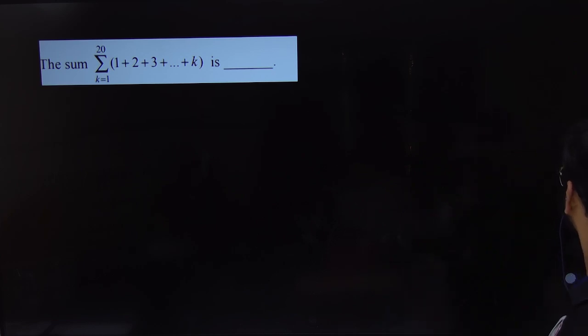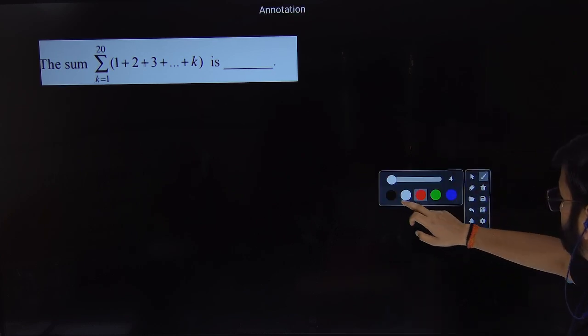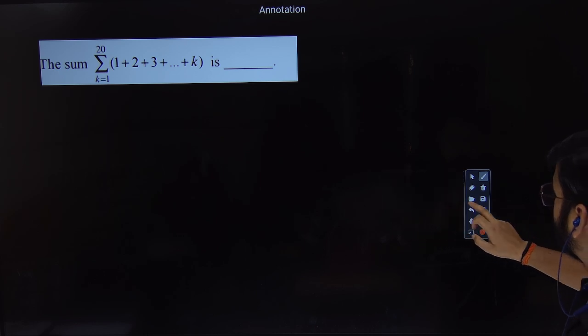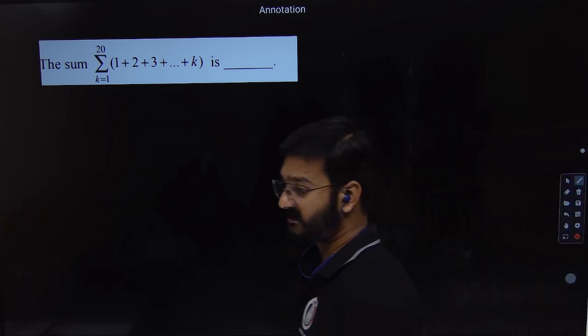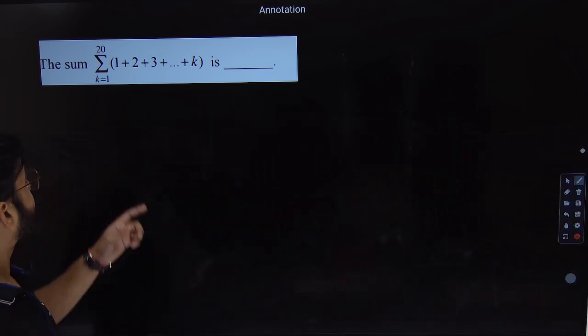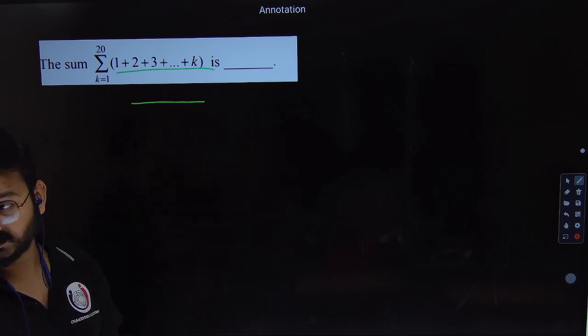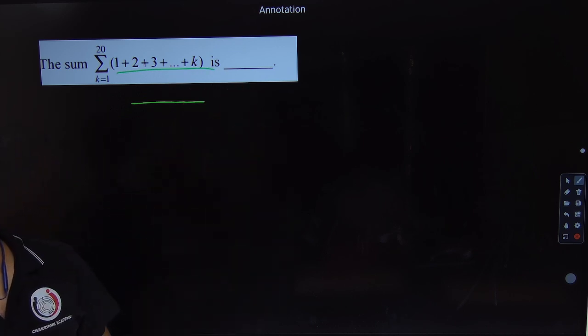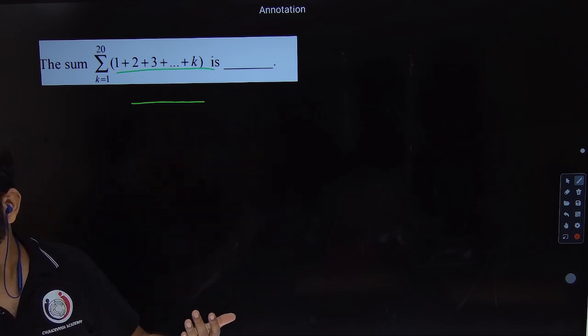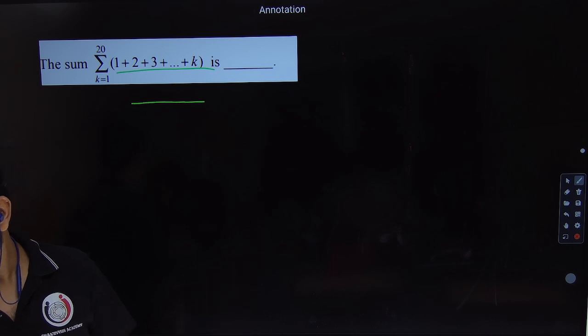Next question. So what is the first thing you will do? First, you will simplify what is inside the summation. So what is inside the summation? Sum of first k natural numbers.